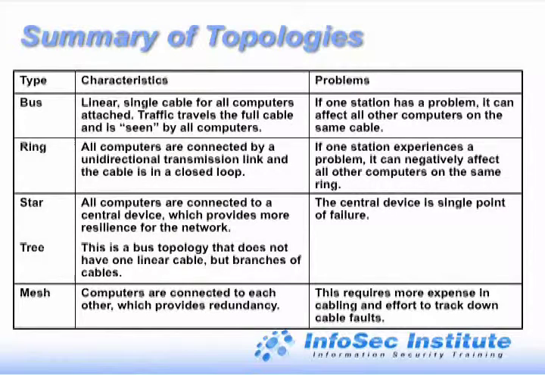Okay, summary of topologies. So one of the better slides, this is one to burn into your memory. As far as the bus, it is a linear single cable for all computers attached. There's the ring. All computers are connected in a unidirectional transmission link. There's the star. All computers are connected to a central device.